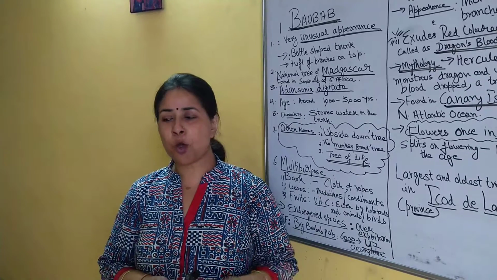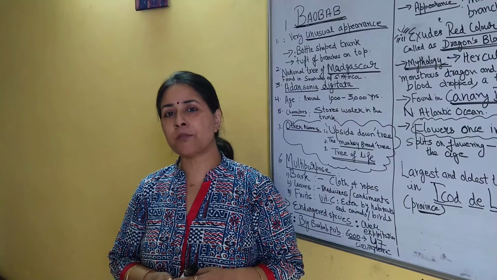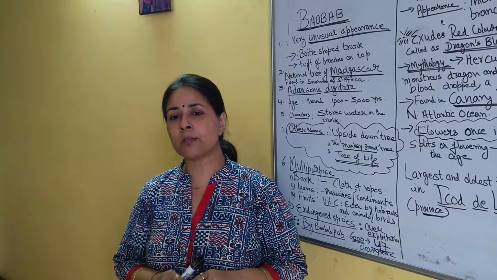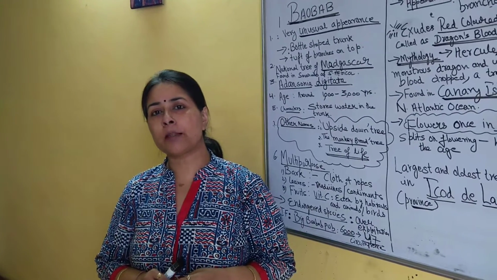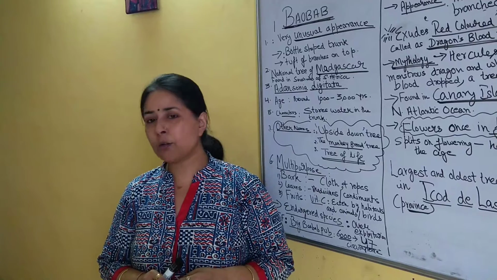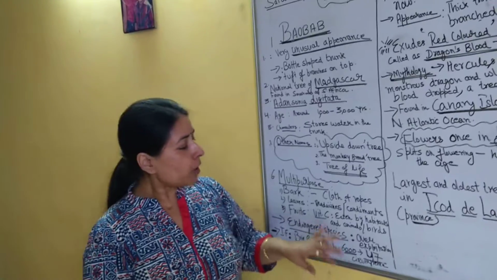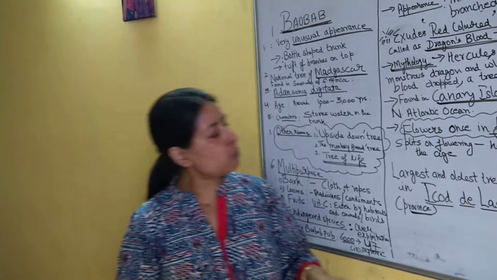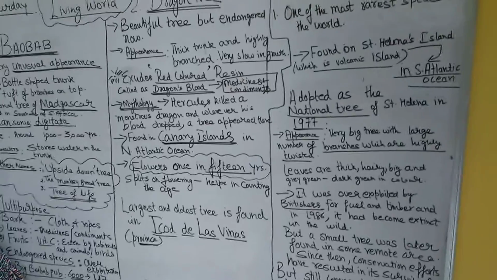After the completion of the session, you will be given a link, and the book will be provided to you in PDF form. So all of you can check there and do the exercises in your notebooks. Thank you. Now we will move to the next tree, which is known as the dragon tree.